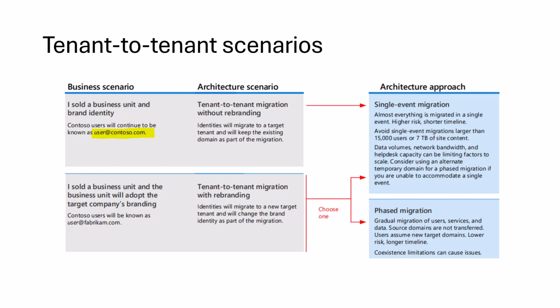Thereby, we don't need to plan for domains being moved over or transitioned, at least not at the same time or a specific cutover date as we have to in a single event migration. So in those scenarios, we can do it in a more staged and phased fashion, and thereby gradually move users, services, and data and so on to the other tenant.